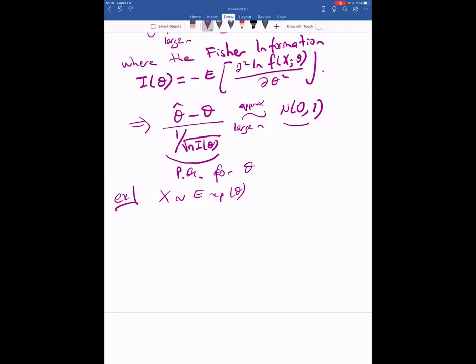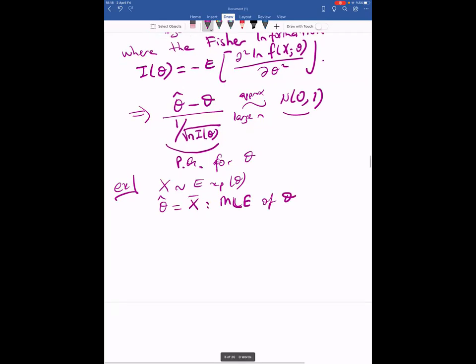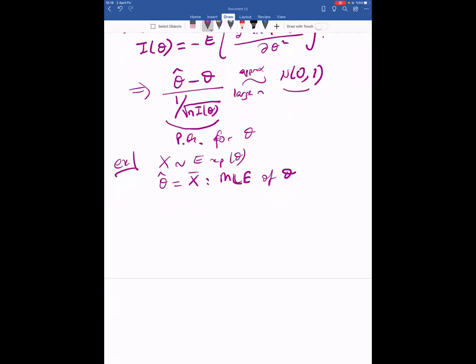Okay, so here the MLE is X bar. You know how to calculate that. I don't want to give it to you right now. And then we can derive the Fisher information. Maybe you don't remember how to derive the Fisher information, but first of all, we need to find the ln of the PDF.